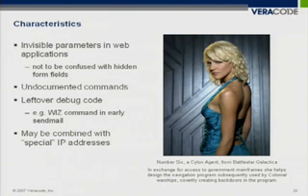So parameters that are on the GET or POST, but they're not in any form field. They're not on any web page. So the application is processing them, but you would have had to know about them. And the only way to know about them would be to statically audit the code, pretty much.